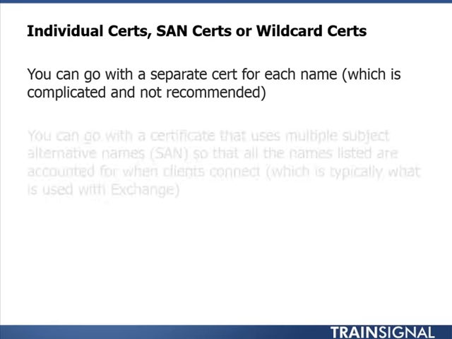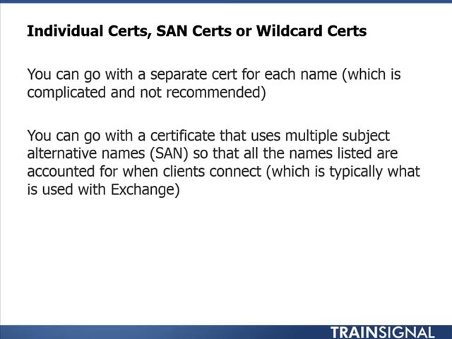As far as the best option, you can go with a certificate that uses multiple subject alternative names, or SAN certificate, so that all of the names listed are accounted for when clients connect. That's typically what is used with Exchange. They may also have other acronyms or names given to them by the certificate authority, but ultimately they're SAN certificates. So that's what you really want to look for.